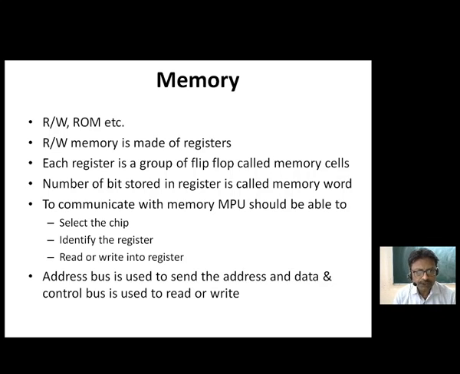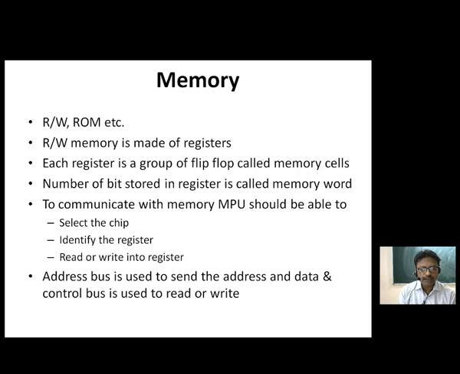We are mainly concerned with the read-write memory, that is random access memory, or the primary memory, and how this memory works. In this random access memory or the main memory, we have two kinds of memory. One is read-write memory and one is read-only memory. So we will be discussing more about read-write memory.